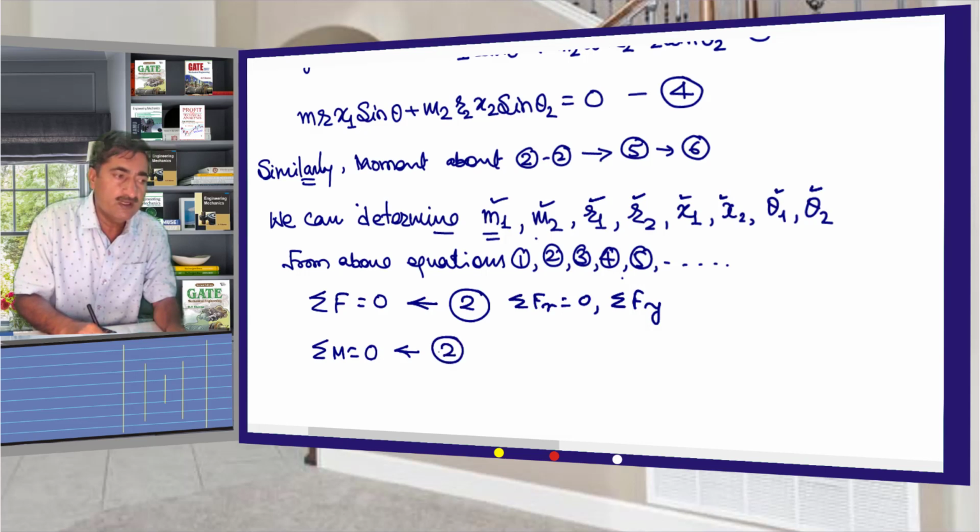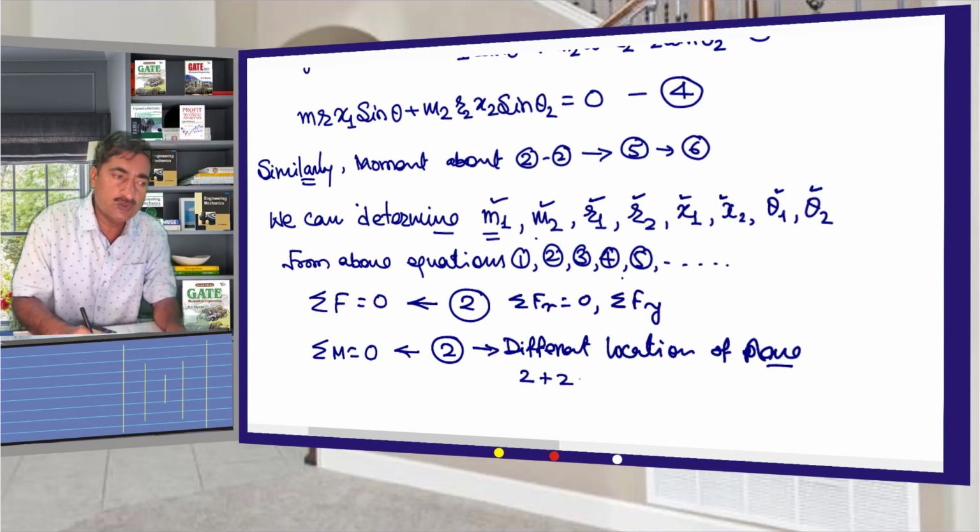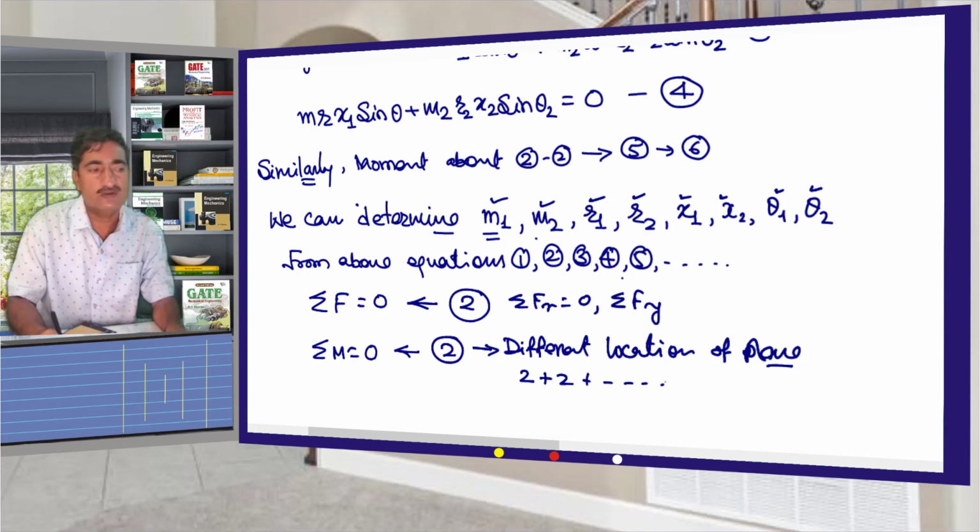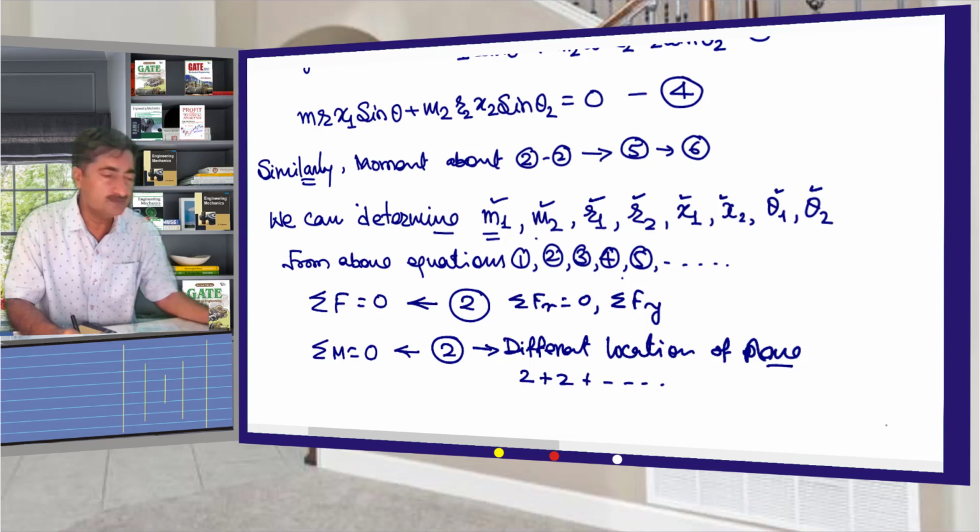Okay. Now for different locations of plane about moment, then 2 plus 2 plus 2, and so on. It depends on the unknown quantity. Okay.